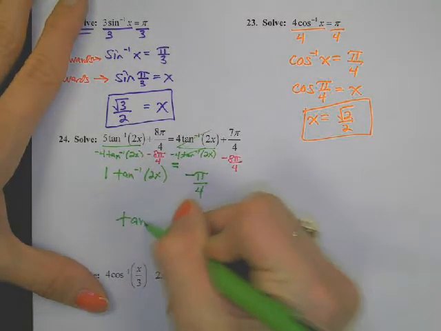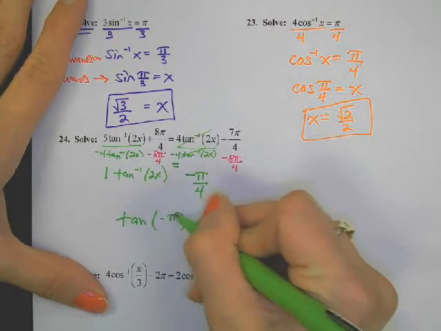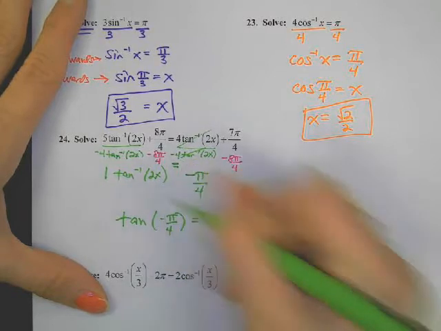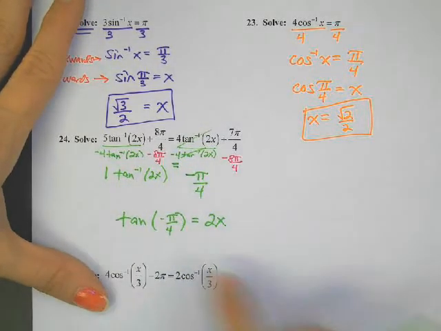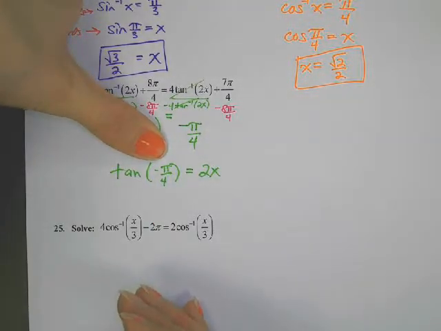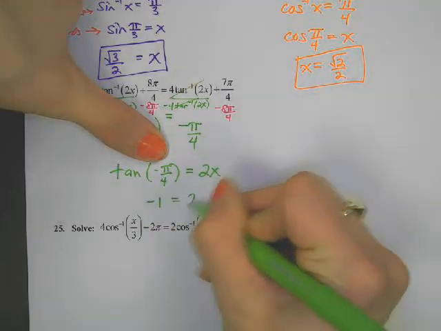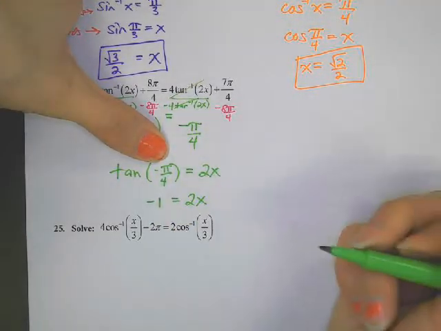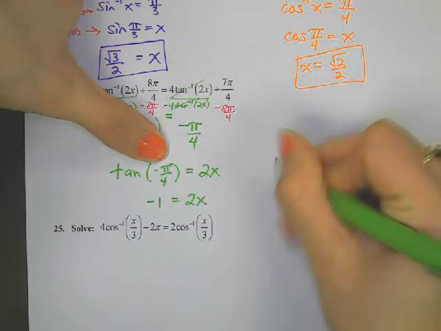Let's write tangent of negative pi over 4 equals 2x. Okay, now it's forwards. So please swing down pi over 4 and tell me what the tangent is. -1. Okay, equals 2x. We're not done yet. We have to divide both sides by 2, and x is negative 1/2.